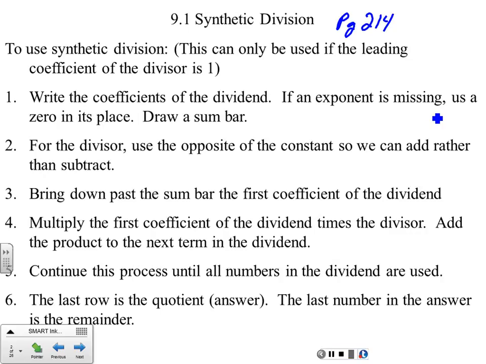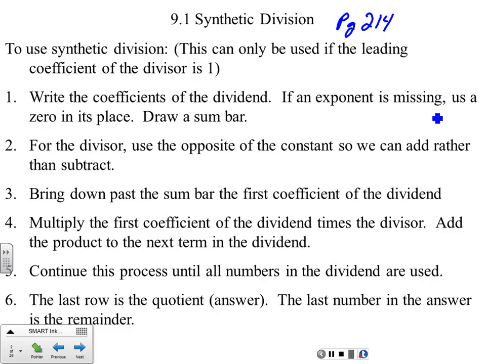If you don't know how to do synthetic division or you're kind of shaky on it, by the time we finish with chapter 9, you'll know how to do synthetic division in your sleep because we will do it so much. To use synthetic division, first and foremost, this can only be used if the leading coefficient of your divisor is 1. So, for example, on page 214, which ironically, the problem is listed on page 213, so I guess just go to page 213.